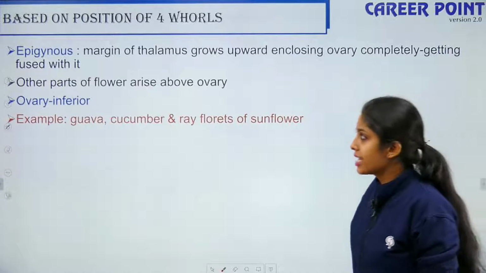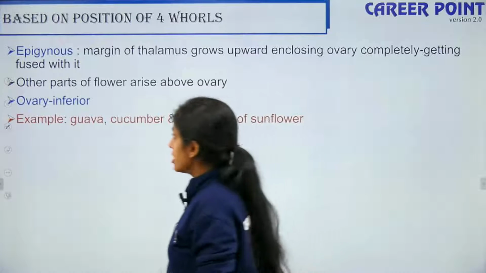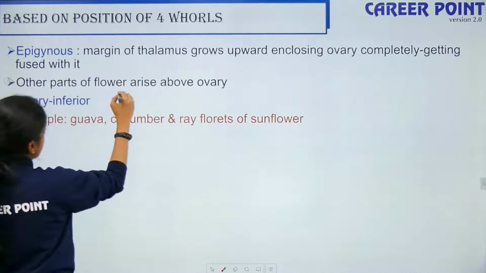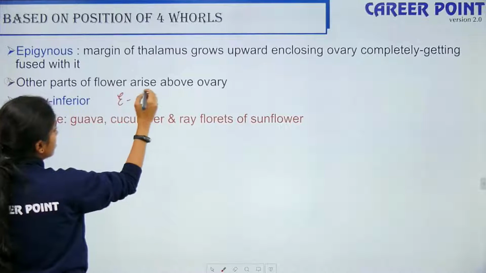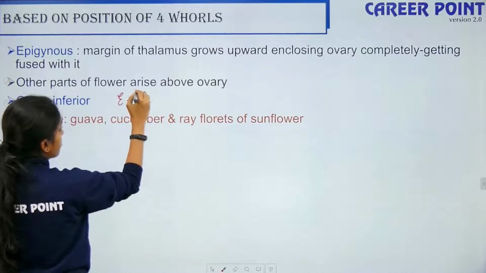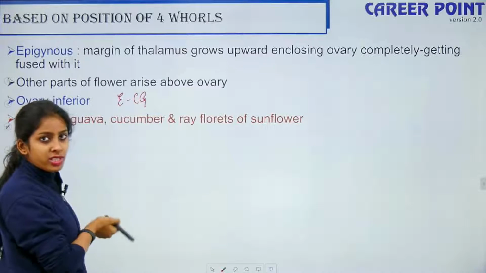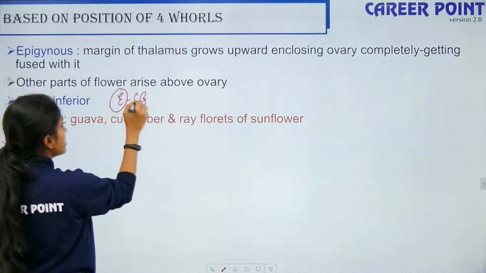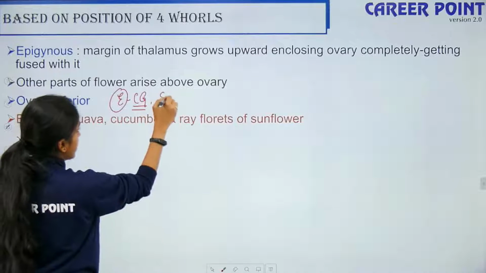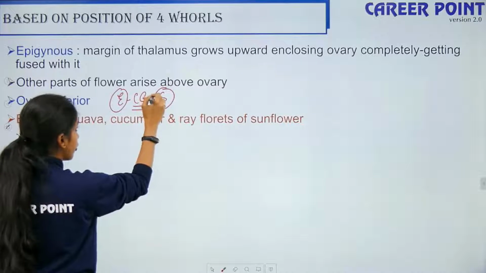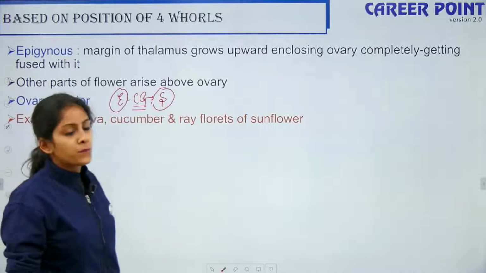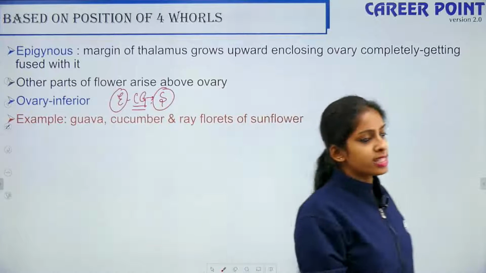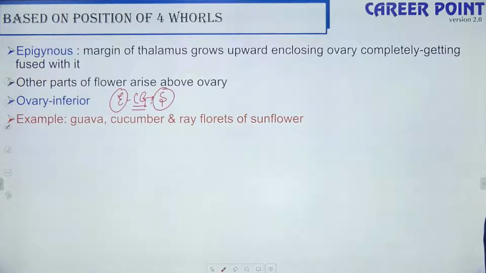This starts with E, so you'll remember ECG. We know what ECG is; we have read it in body fluids and circulation. So epigynous is ECG. You are doing ECG for a person S. Epigynous is guava, cucumber, and ray florets of sunflower.